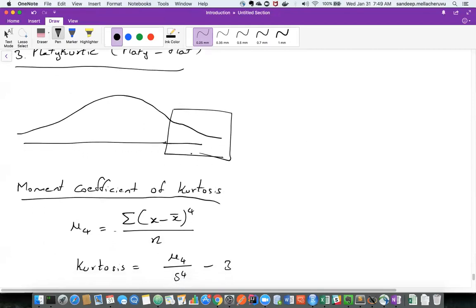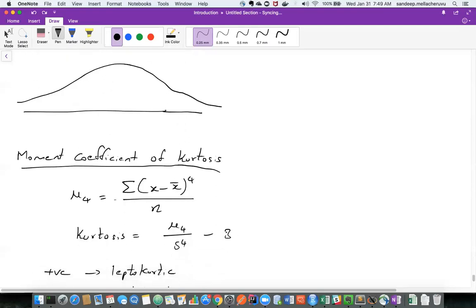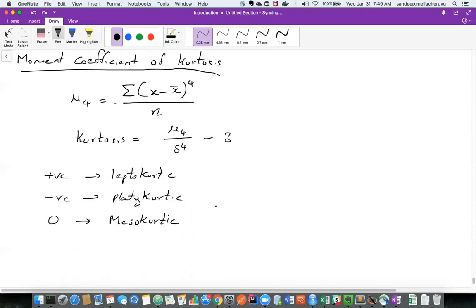So based on that you can have this number, but the 3 is based on the normal distribution actually. I have not discussed the normal distribution, so I don't want to interpret more than this. So that is about the kurtosis. Is that fine? We can do a small exercise on the same heights data and complete this. Any questions still now?